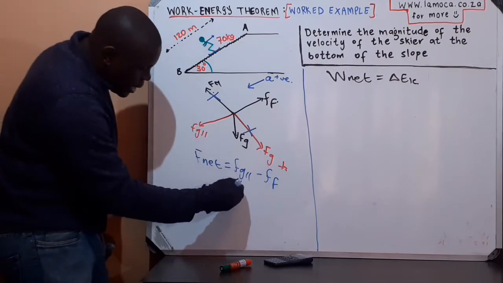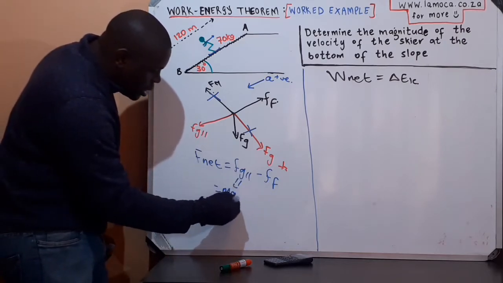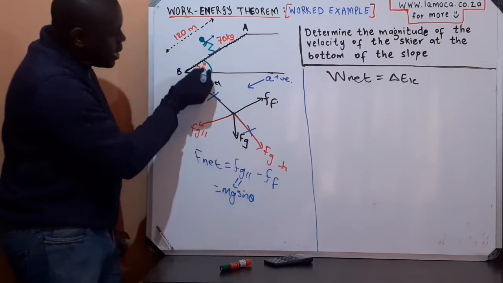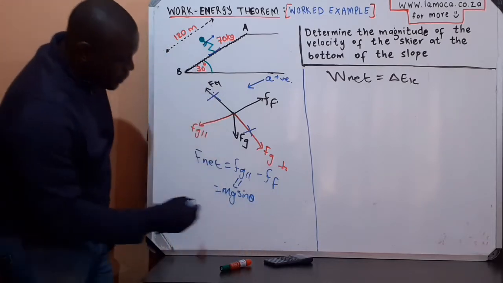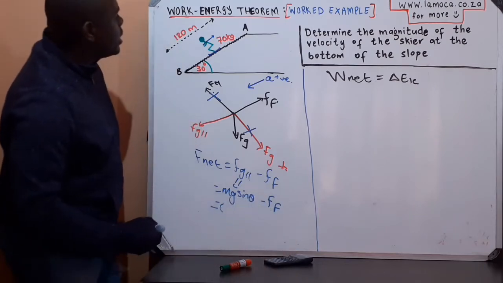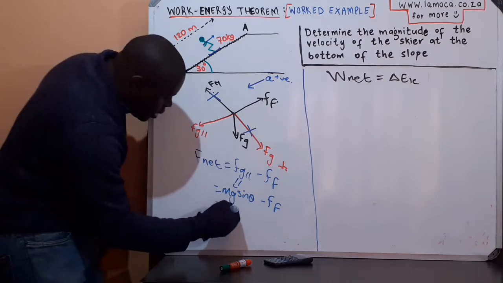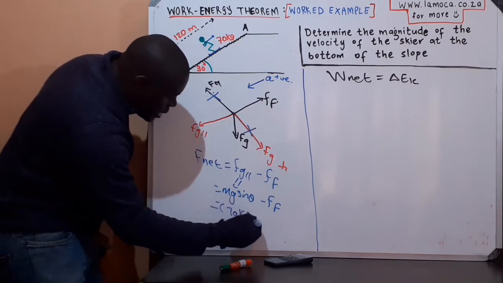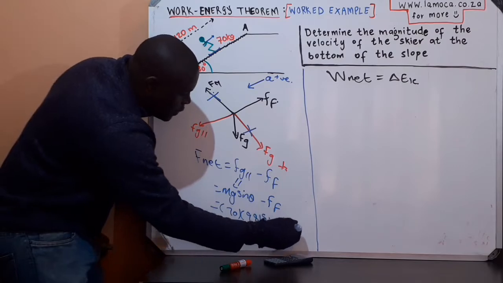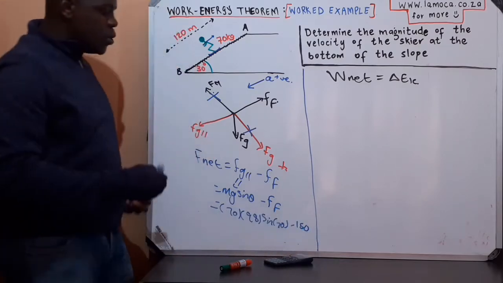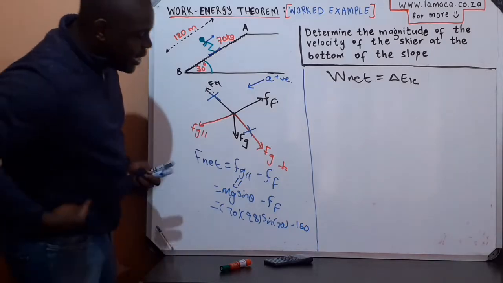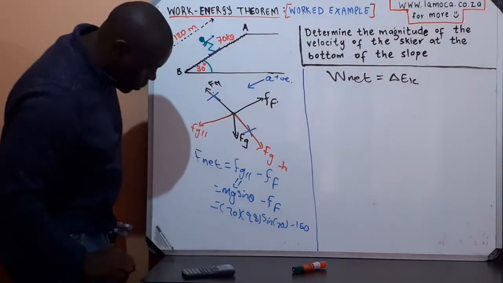Fg parallel is the same as mg sine theta, theta being the angle of the incline, minus the frictional force. The mass of this object is 70 kilograms. Gravitational acceleration is 9.8. Our theta is 30 degrees. Our frictional force is 150 newtons. Now we can type that in our calculators to see the net force acting on this object.